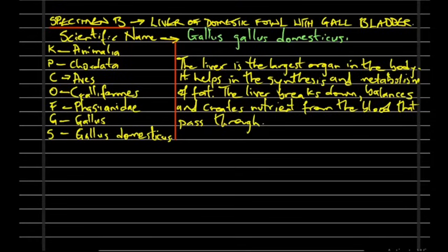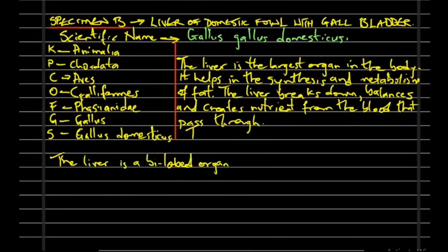The liver is a bilobed organ. Bilobed meaning it has two lobes.